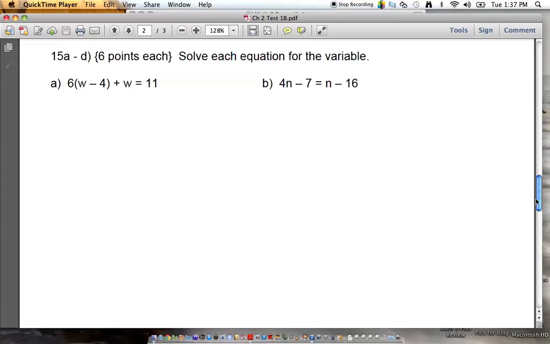What's that? I wouldn't go ahead to C and D because we're going to do those as a group in a minute. If you want to go back to the beginning of the test and work on beginning questions, you can do that.